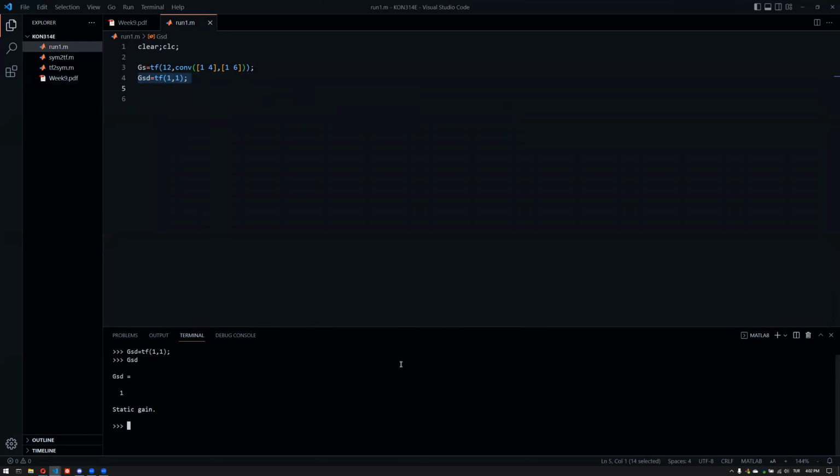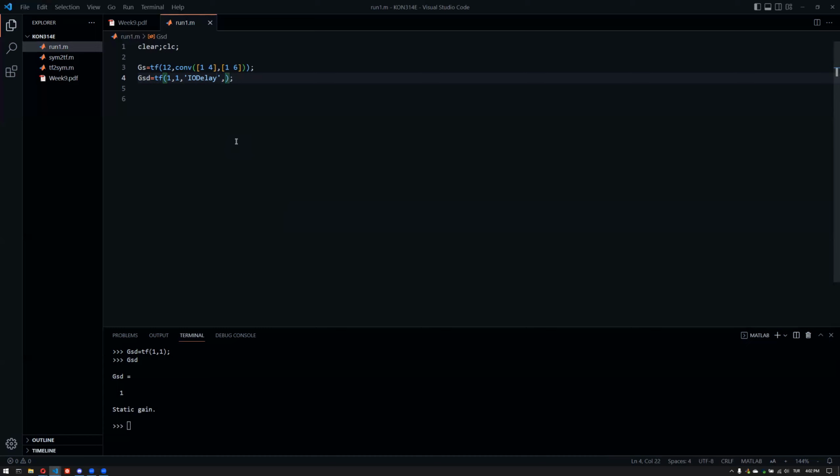So G_sD is basically just the static gain 1. What I do here is I just add an input-output delay. And well, there could be some state delays, and we can use some state space representations in MATLAB. So that's the reason why we call it the input-output I/O delay, because it's directly between the input and output.